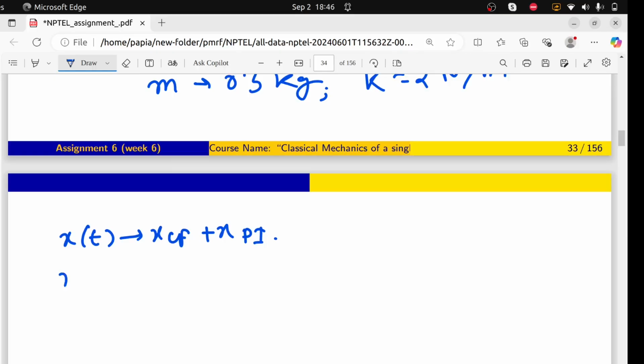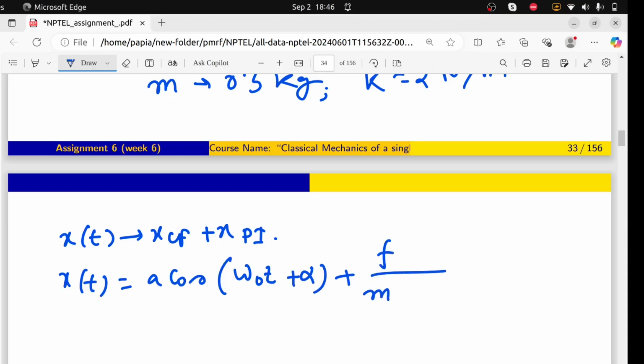this will be xt, as you can see here, as it is at the condition for resonance, right? So they are talking about the condition at resonance. So this will be a cos omega 0 t plus alpha. Then there will be this one, 2m gamma, then sine gamma t plus beta, or something like that.